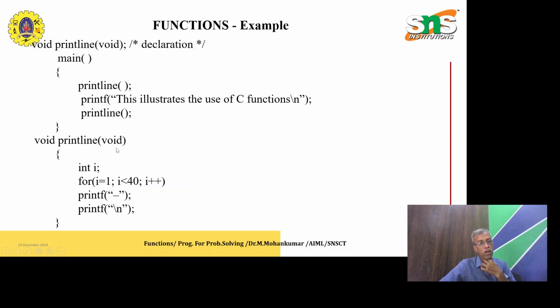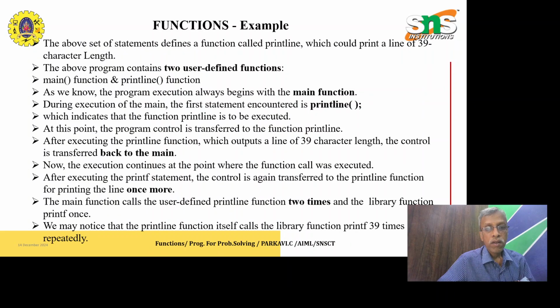Again, it is declared as void printline, int i, for i equal to 1, i less than or equal to 40, i plus plus, printf hyphen and print n. The above set of statements defines a function called printline, which prints a line of 39 characters length.